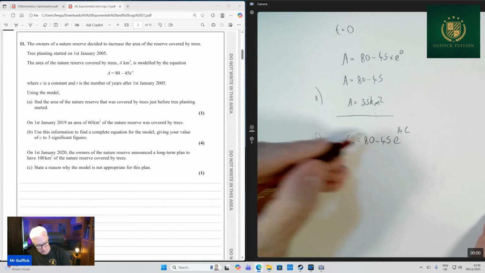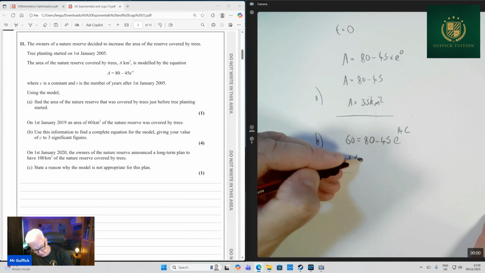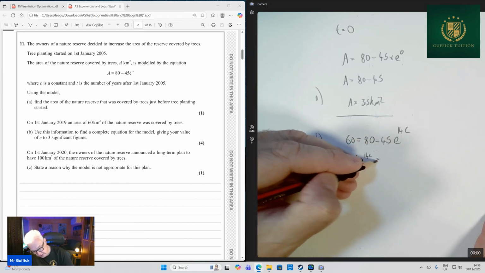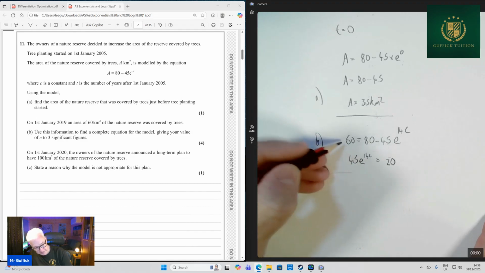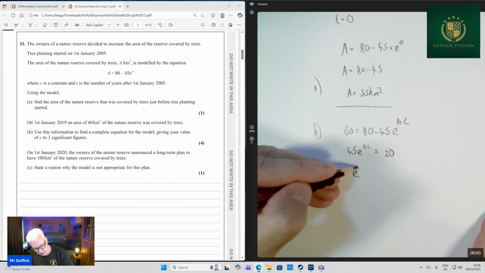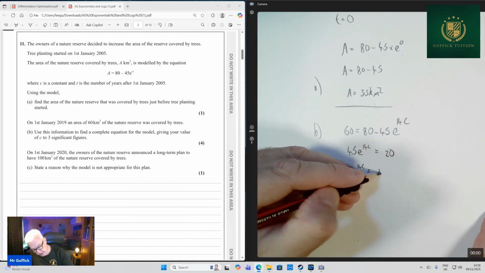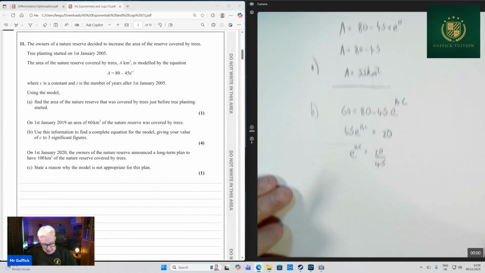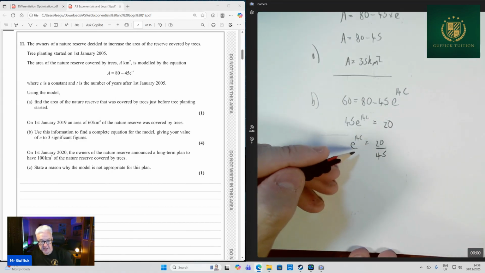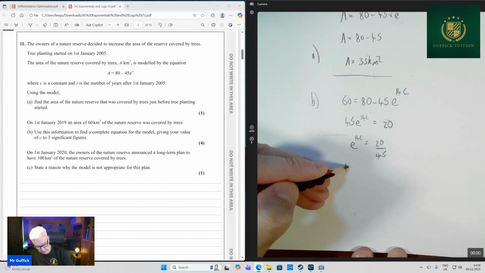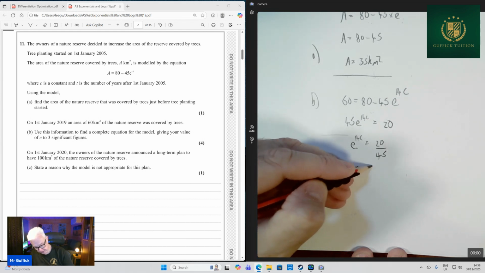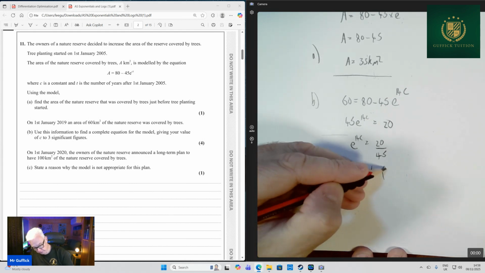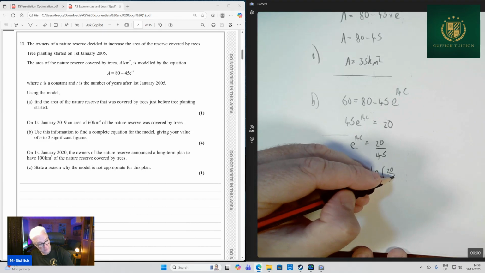Just add that 45 over there. So 45 e to the 14c equals 20 when we take 60 off both sides. So e to the 14c is 20 over 45. And then we're going to take natural logs of both sides. So we're going to have that 14c is going to equal ln of 20 over 45.